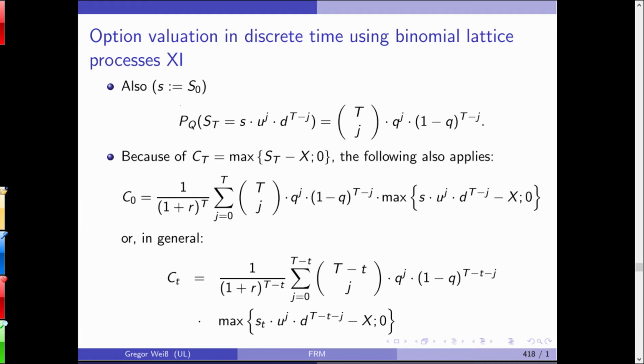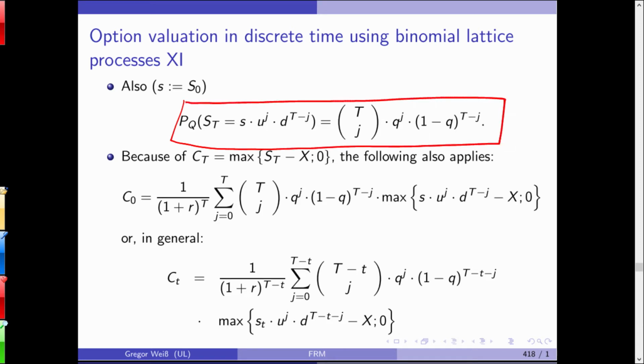First of all, we have to see that in this case, because it is a binomial lattice process, the probability of the stock price going up j times and going down t minus j times is given by a binomial probability. In German, Binomialverteilung.